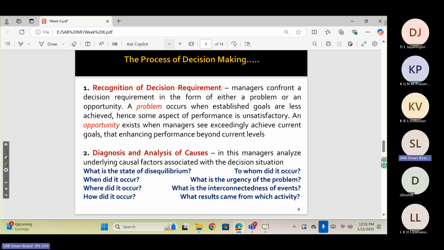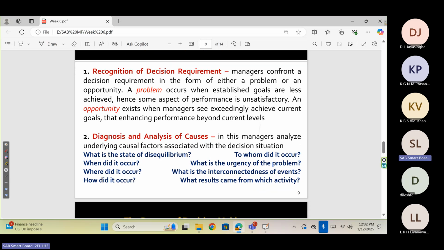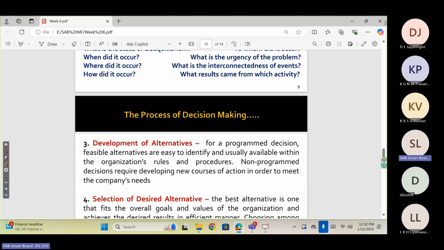From time to time it causes illness. Managers are the doctors, practitioners, or professionals appointed by the owners to give solutions, treatments.